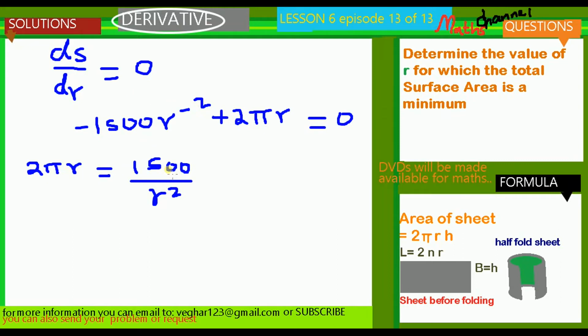So we have something like this. You'll multiply by r square both sides, so you have something like r cube. So you divide by 2 pi both sides.